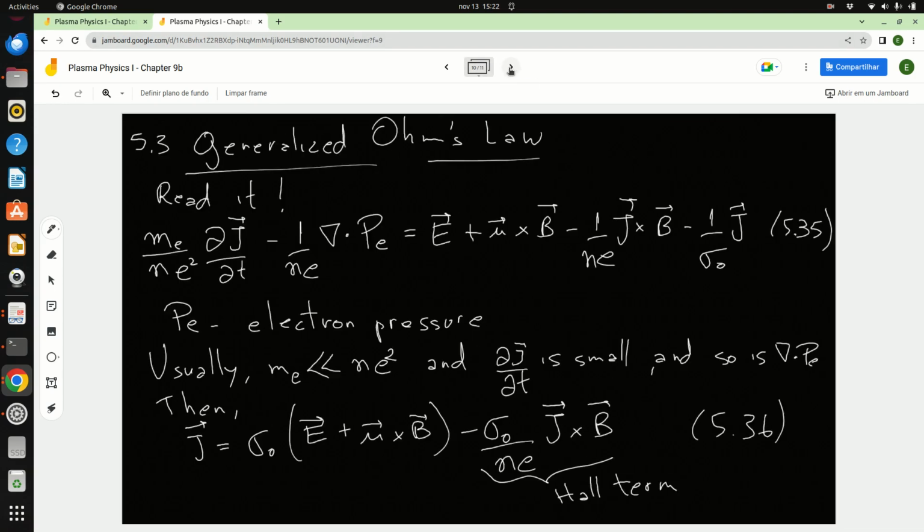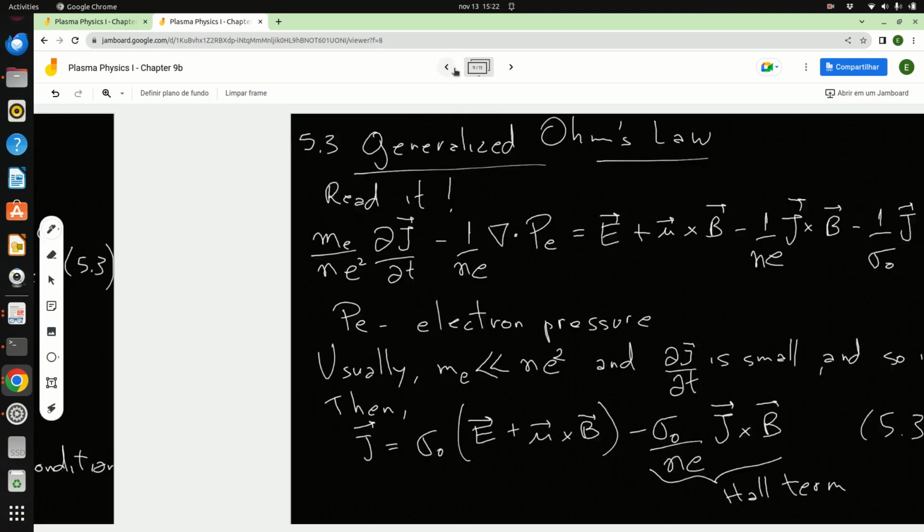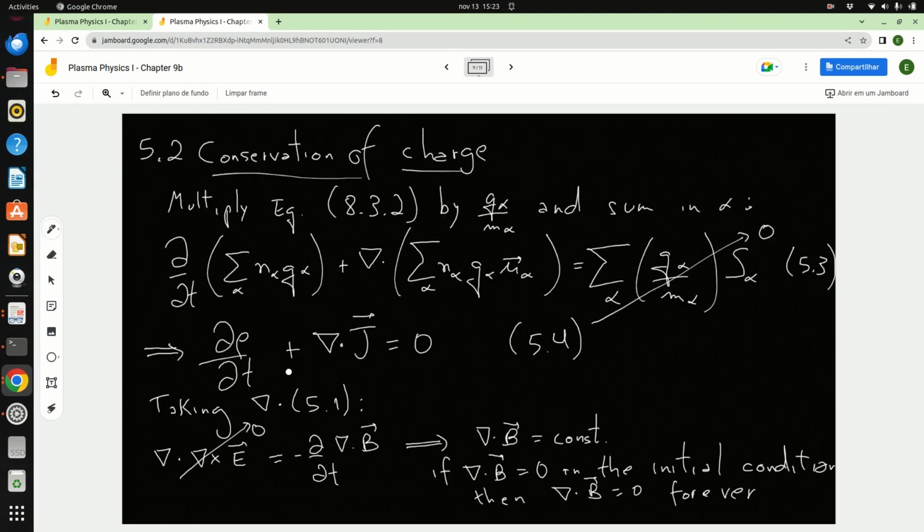But well, let me see what else we can do. In 5.4, let's think about 5.4. We have divergence of J. If you have the electric charge density null due to quasi-neutrality of the plasma, because if you have quasi-neutrality, this is the charge density, right?